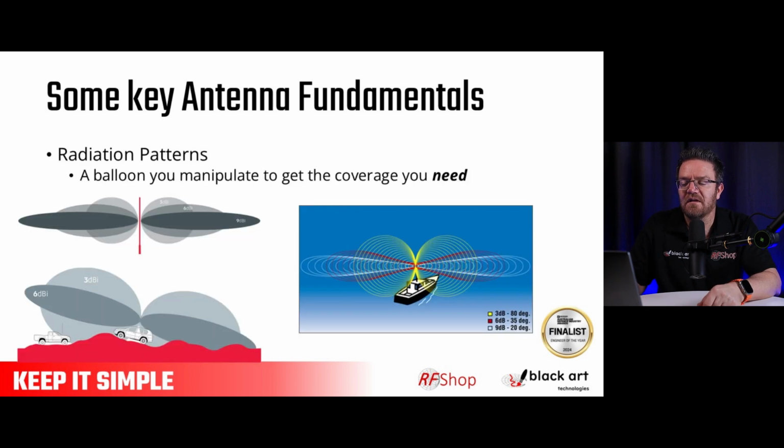All right. Now, as I mentioned in the previous slide, if you look at some key antenna fundamentals, the radiation patterns, I did a video on this actually many moons ago. Low gain can be beneficial, high gain can be beneficial. You need to make the right choice. You don't just go for high gain because you can. You need to look at what you need for coverage. One of the classic examples is a 4x4 or off-road vehicle.